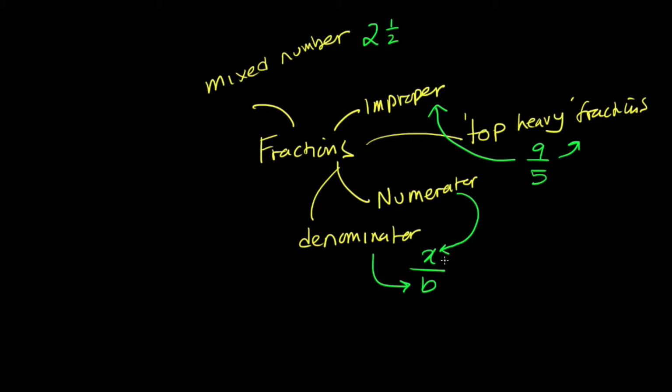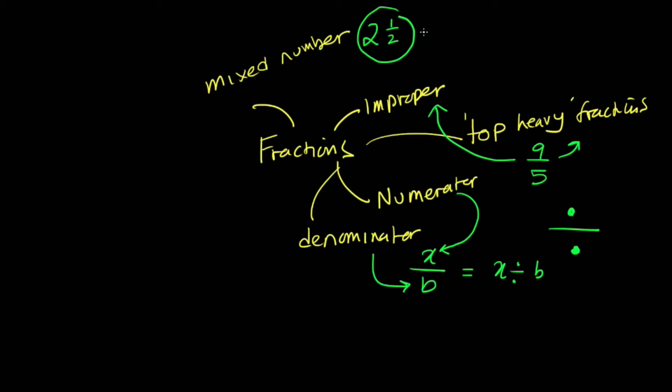Actually, if you think about it, a over b is the same as a divided by b, because the division sign has something at the top and something at the bottom, right? And the other point to make here is that if you look at 2.5, now you should know how to turn the mixed number into an improper fraction.